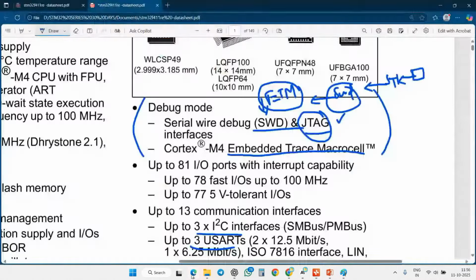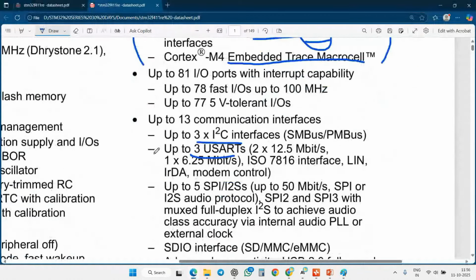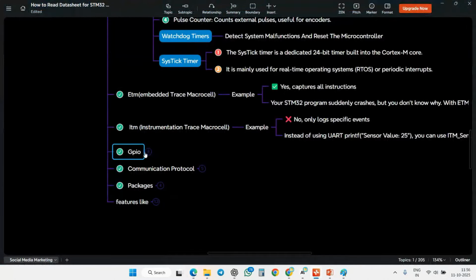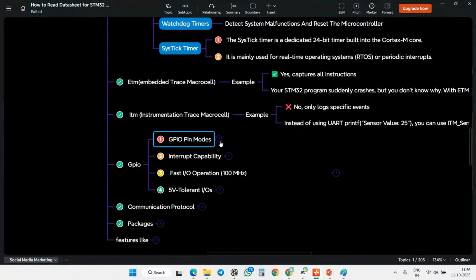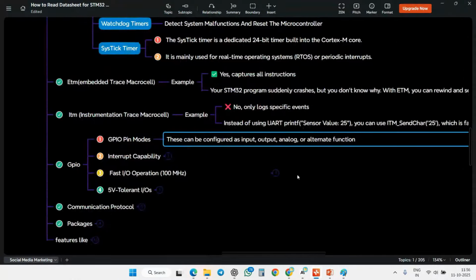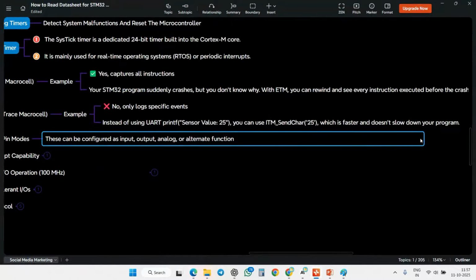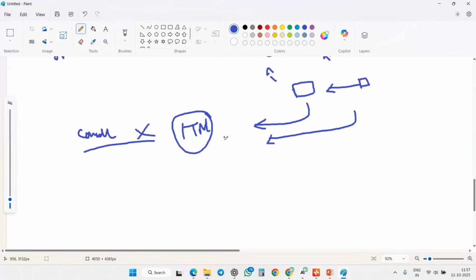Then we are going to discuss the point called GPIO pins, guys. What is the purpose of these GPIO pins? How many GPIO pins do I have? The GPIO pin modes are input, output, analog, and alternate function.